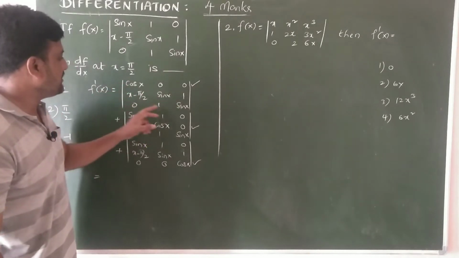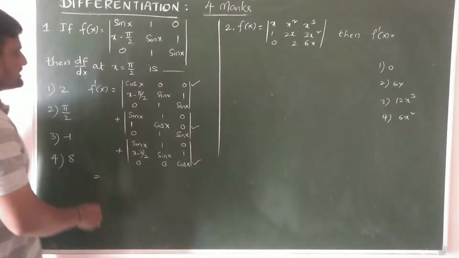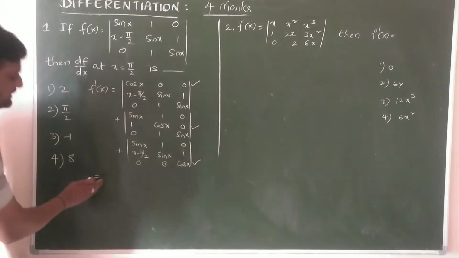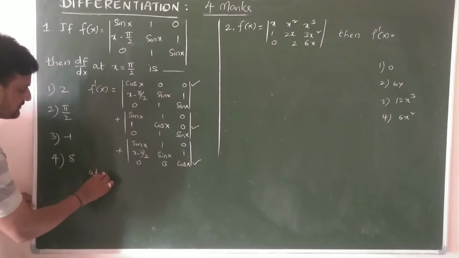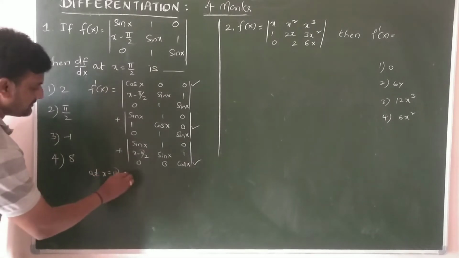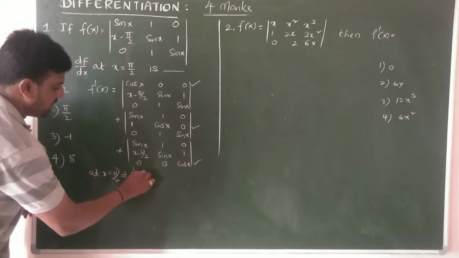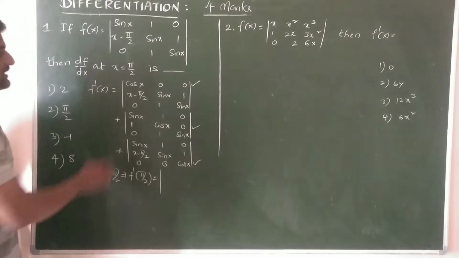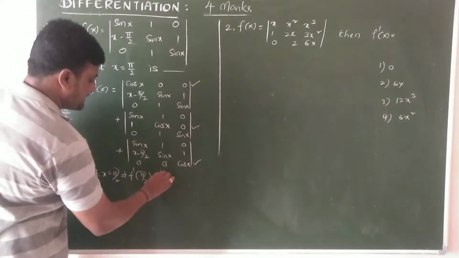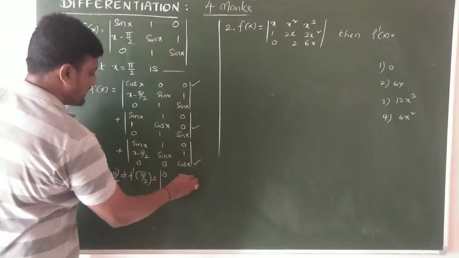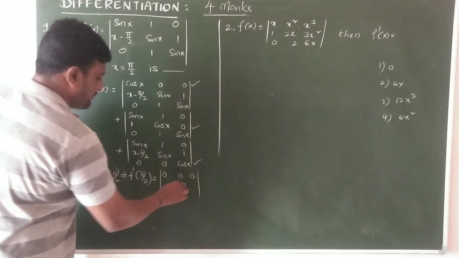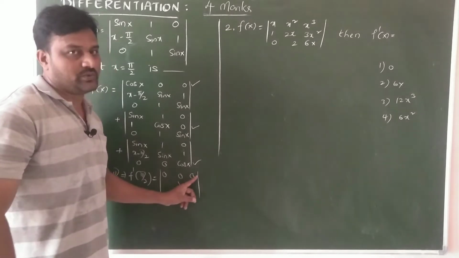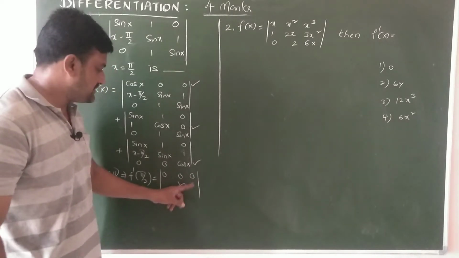No two are equal to each other. But at x equals pi by 2, f dash of pi by 2 equals, substituting here, cos pi by 2 is 0. It is already 0. No need to find the total because one row has all elements 0, so it is 0.